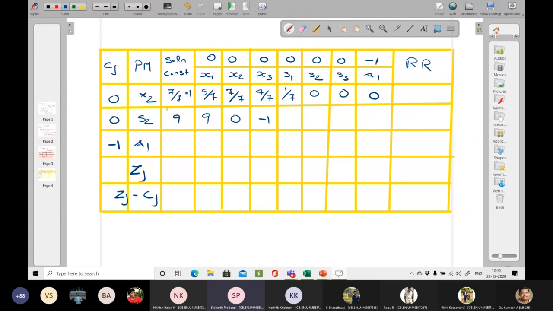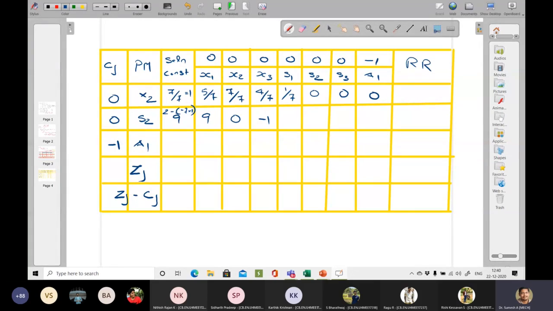So 2 minus minus 7 into 1. 2 is from the old table, minus 7 is also from the old table, 1 is from this table. 2 is the old value under the same row and column.